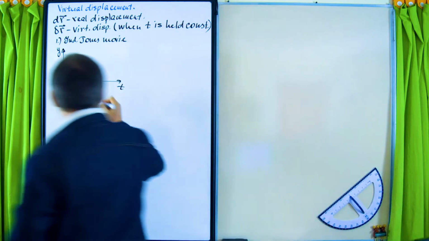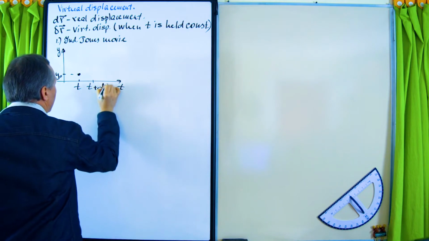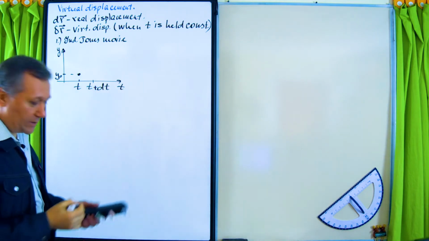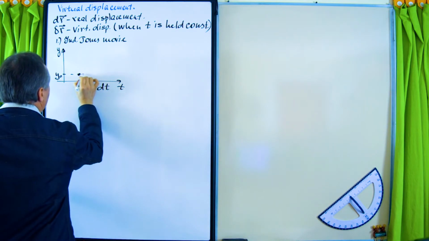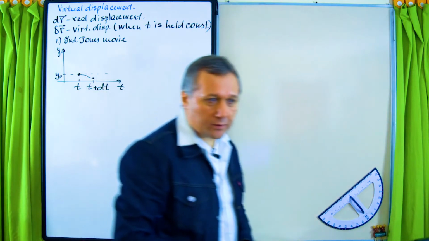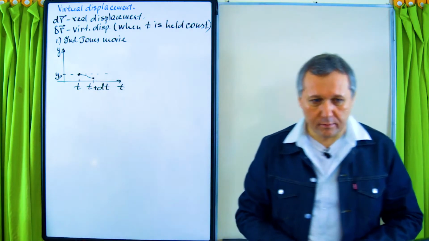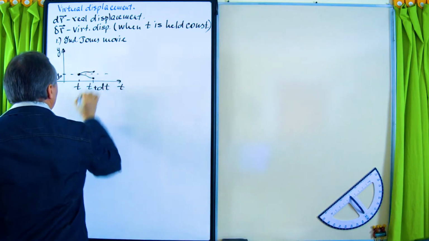Basically, it needs to move itself to the next moment of time, t plus dt. So now the system starts exploring. This is the initial position. If it goes this way and looks at the action integral, oh, no, it's not minimizing it. So it might go this way, again virtually exploring.